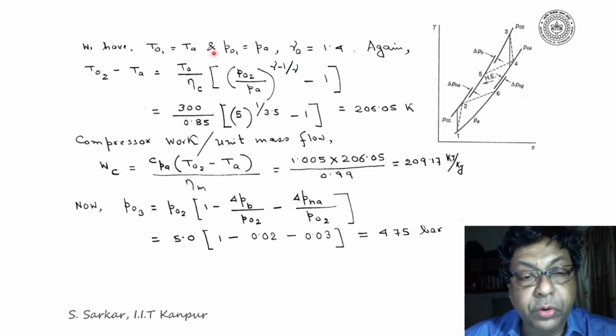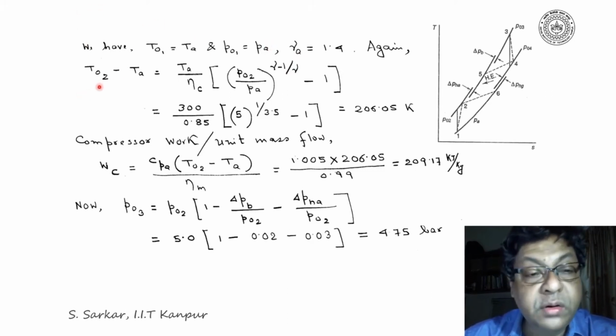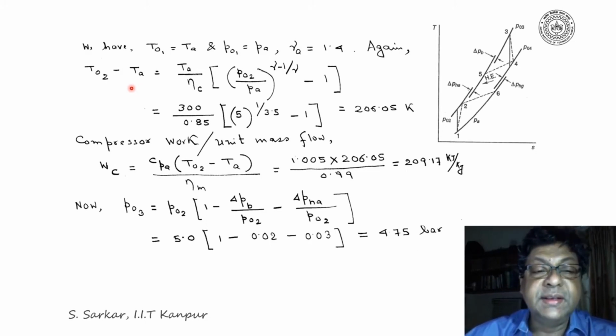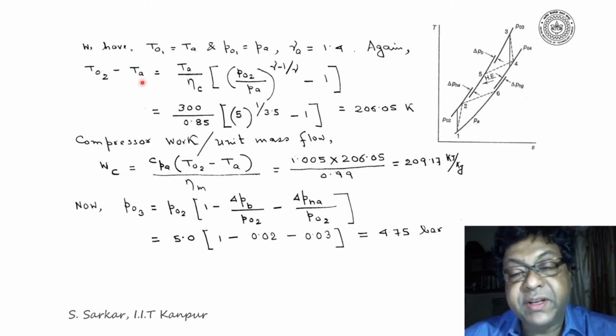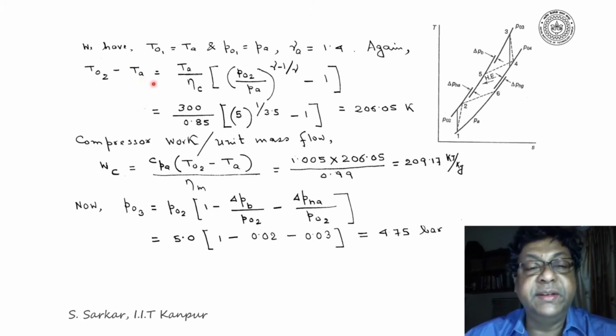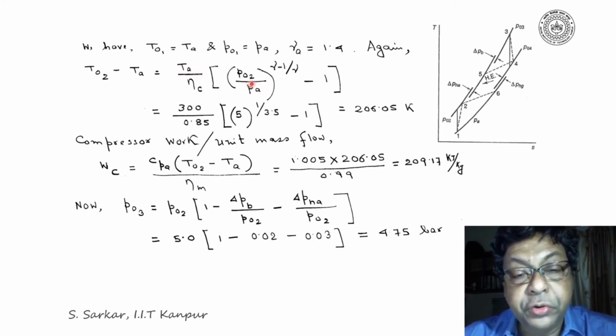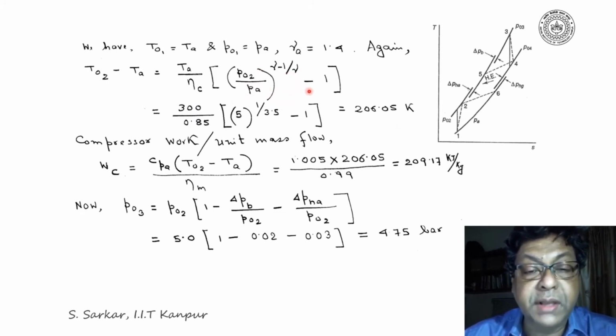This data we know. Therefore, T02 minus T0A, that is the total temperature rise in the compressor, can be given by TA divided by eta C, within the bracket, P02 by PA to the power gamma minus 1 by gamma, minus 1. This relation I have already proved.